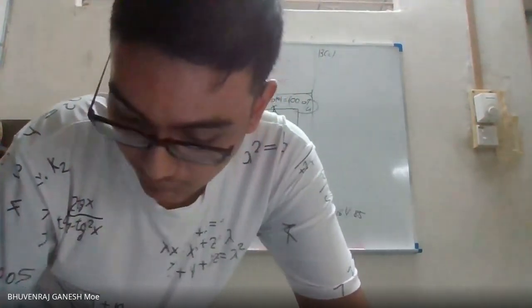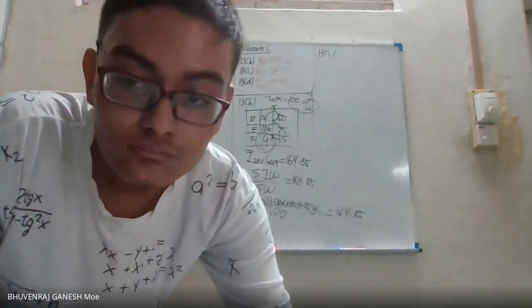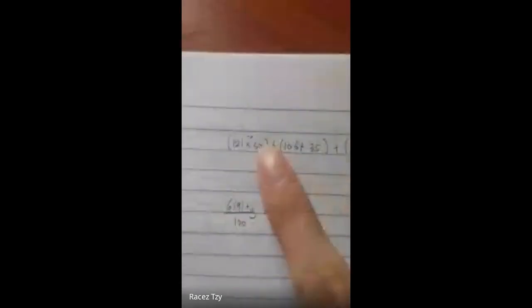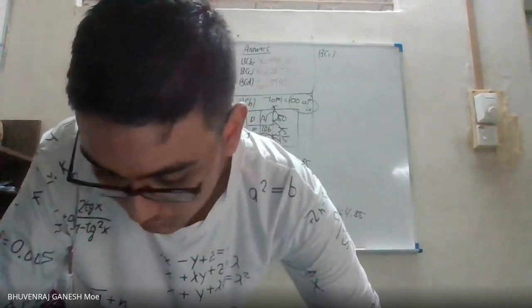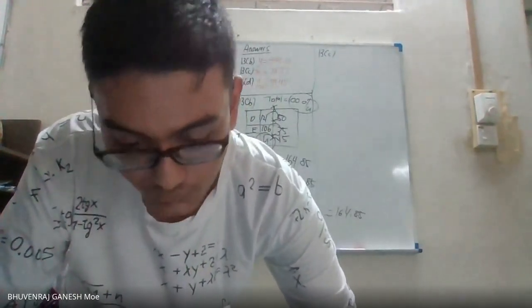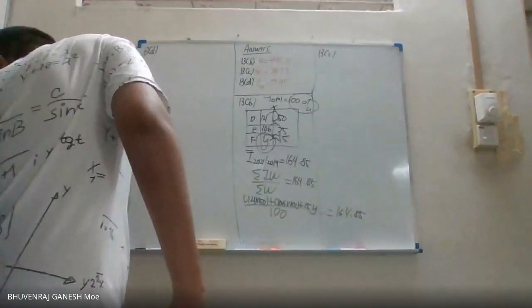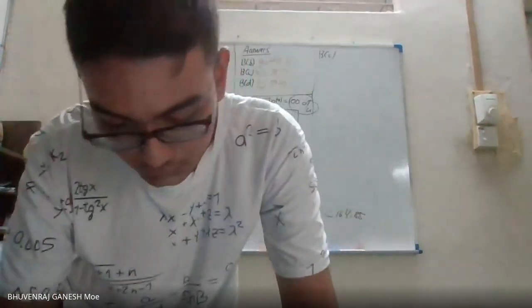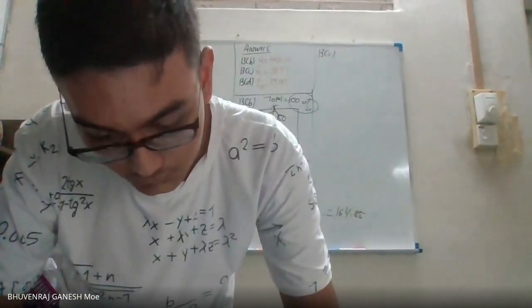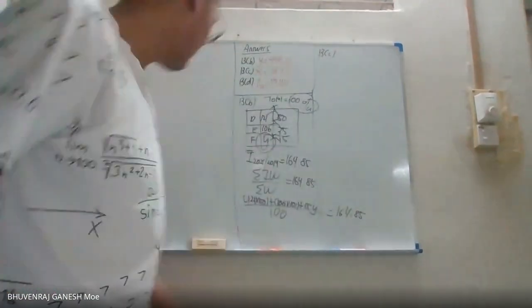You times the correct values. Let me check this one and this one. It's 121 times 50, right? Then plus 106 times 35. You get 9760.